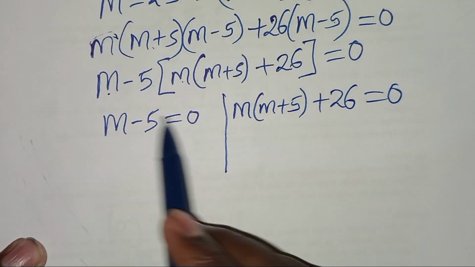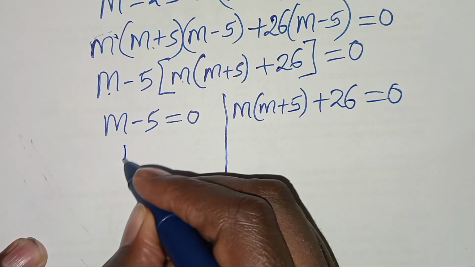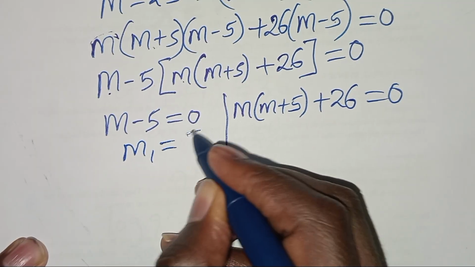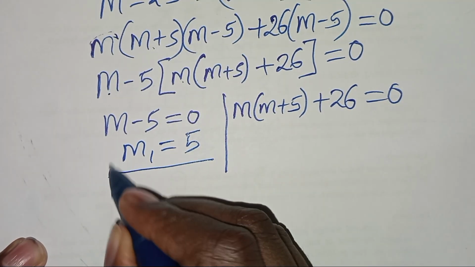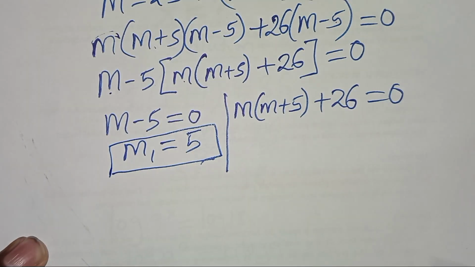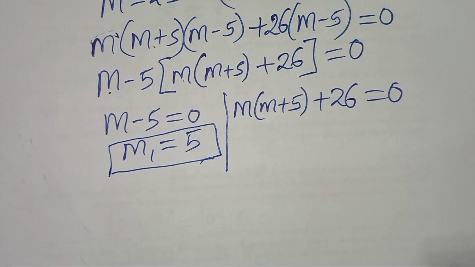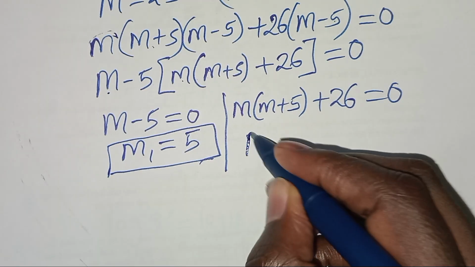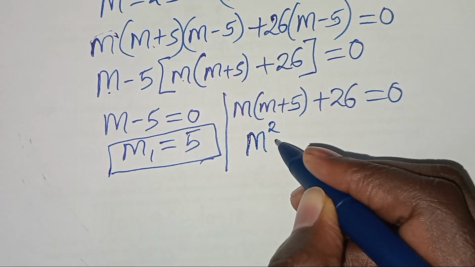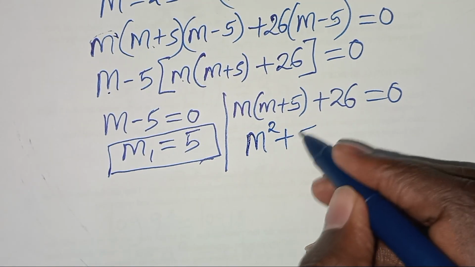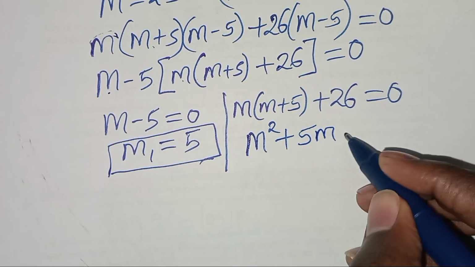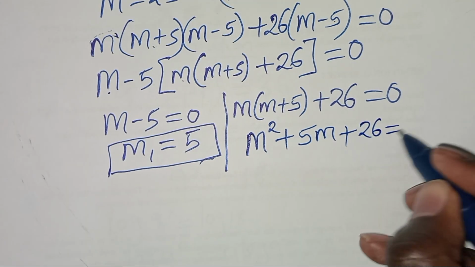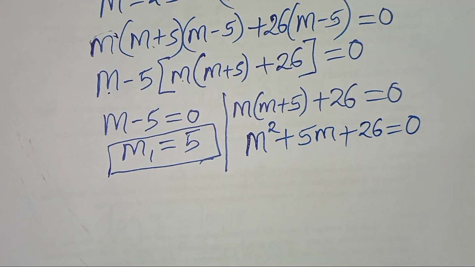From the first part, I can call this m1, equal to 5. This is the first value of m. Now let's check the other possible values of m. This is m squared plus 5m plus 26, equal to 0.